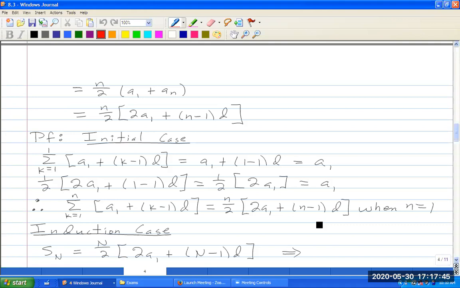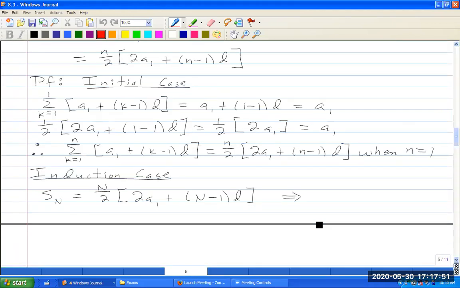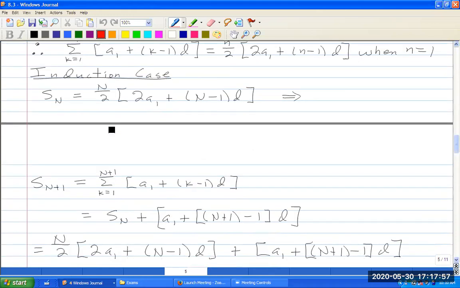So now let's do the induction case. Let's assume the following induction hypothesis, that S sub n is equal to n over 2 times the quantity 2a sub 1 plus n minus 1 times d. Let's look at the next term, S sub n plus 1, the sum k equals 1 to n plus 1 of a sub 1 plus k minus 1 times d.